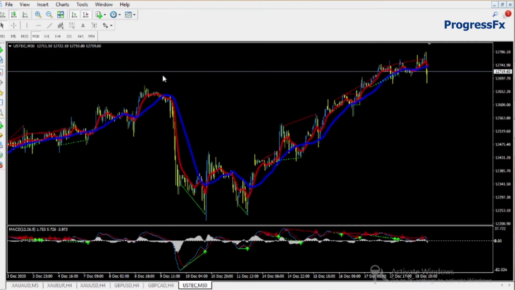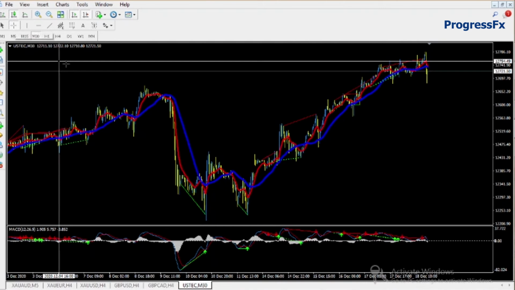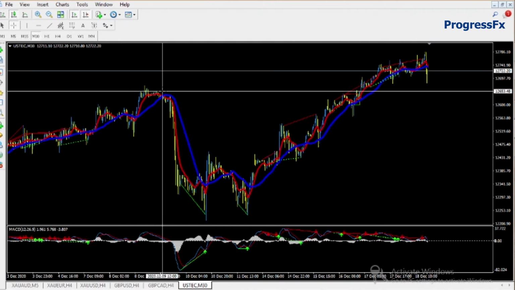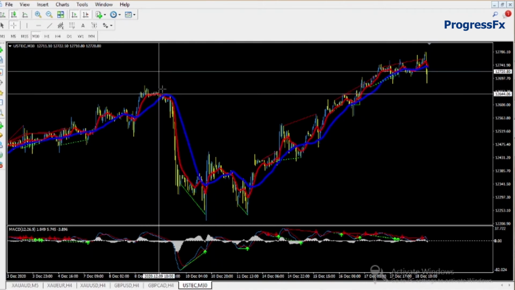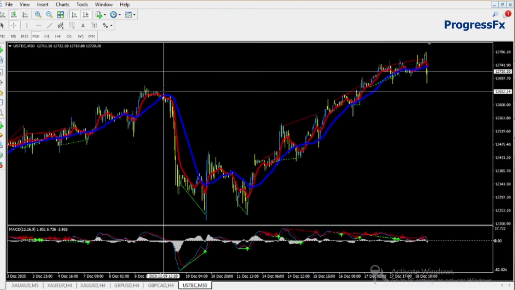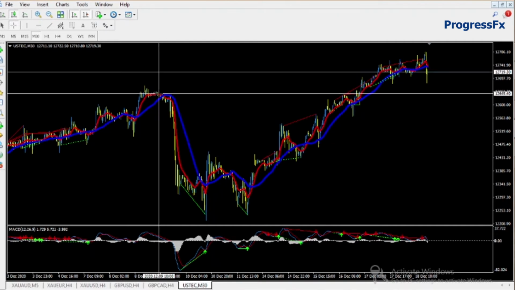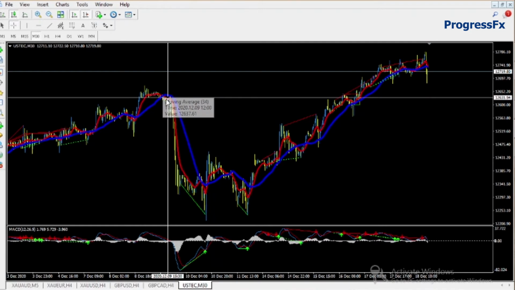You can also choose to add fractals, but it's not necessarily important. So let's forge ahead. You can see here the 10 moving average crossed with the 34 moving average.